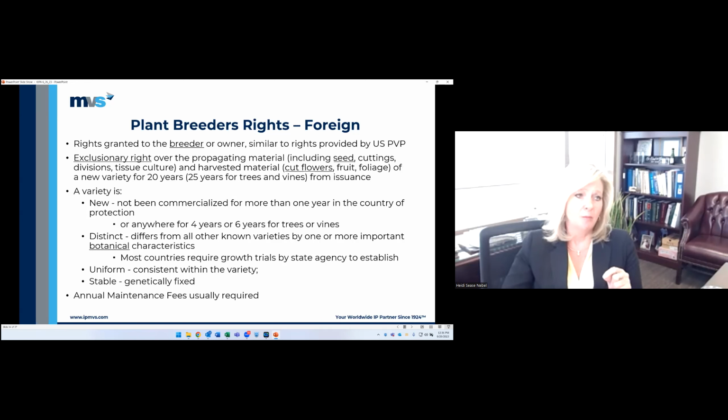There are bar requirements, just like in the utility patent statute. It can't be used for more than 1 year in that country or more than 4 years anywhere. And those change based upon whether it's a woody tree or vine or just a normal plant, such as a blueberry or something.